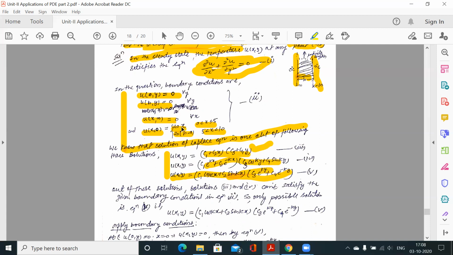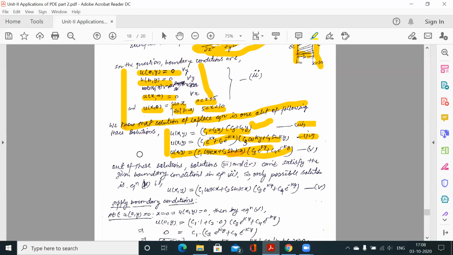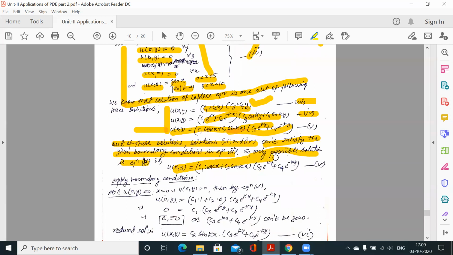You start with this and apply these boundary conditions. You will get a 0 solution in the first two cases, which does not satisfy our requirements. So only the third possibility is left. Out of these solutions, the first two cases cannot satisfy the given boundary conditions, so the only possible solution is this.